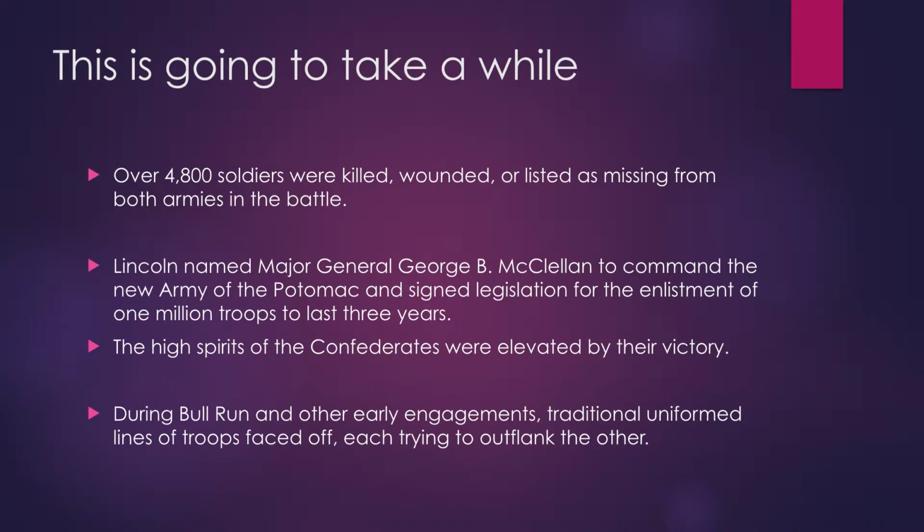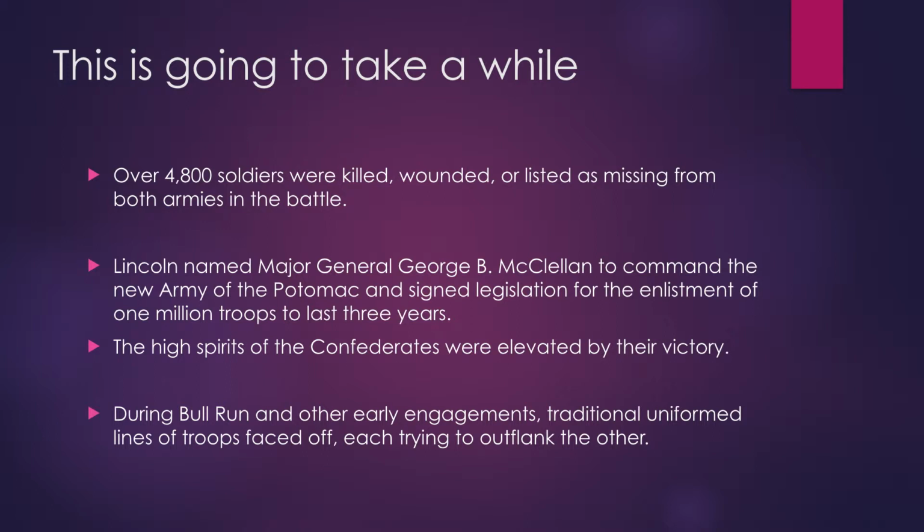Over 4,800 soldiers were killed, wounded, or listed as missing from both armies in the battle. The next day, Abraham Lincoln named General George McClellan to command the new Army of the Potomac for the Union, and President Lincoln would sign legislation for the enlistment of 1 million troops to last 3 years. Not 90 days, 3 years.